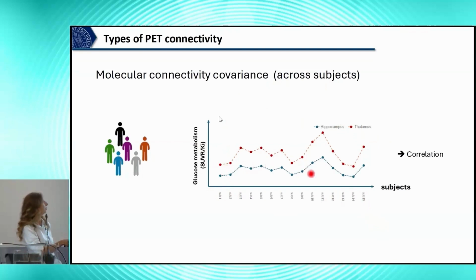We can do this subject by subject, generate this type of plot, and provide a correlation between them. This is the measure used by Horwitz in the first attempt to introduce PET as a measure of network connectivity. This is called molecular connectivity covariance, and it's different from the meaning of functional connectivity provided by Friston, because it's not time-based, it's subject-based.